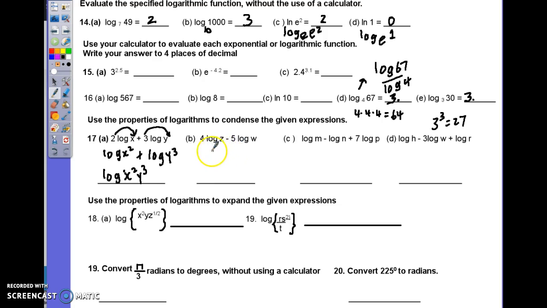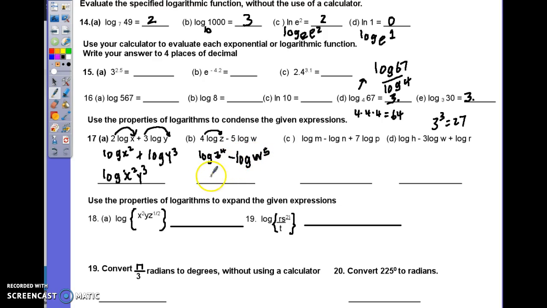How about this one? This one will be similar because we've got a coefficient before the log, so we bring it forward. So this becomes log z to the 4th minus log w to the 5th.